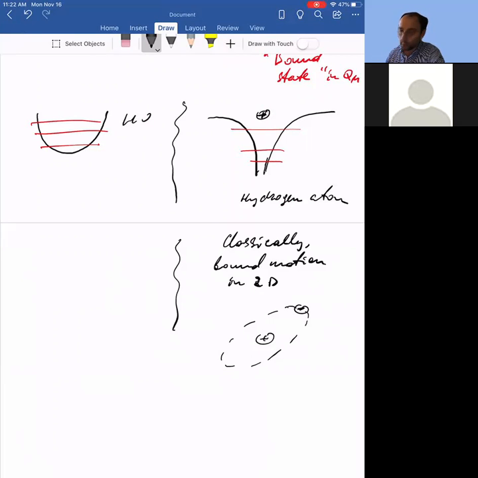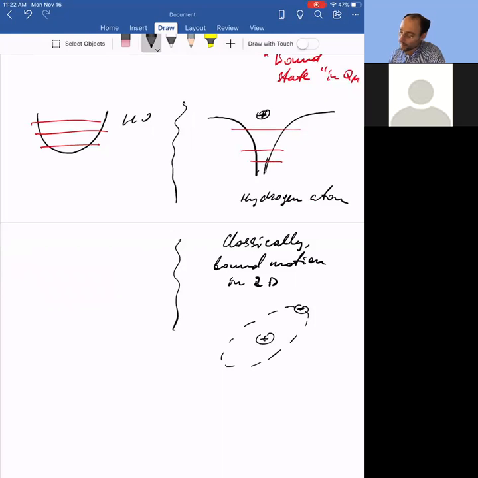And bound motion would be elliptical motion or circular motion. There is a one-dimensional solution where the negative charge shuttles back and forth, but it would pass through the positive charge with infinite speed. That solution exists. It's not very physical, right? It doesn't happen. This is more relevant to 2D.